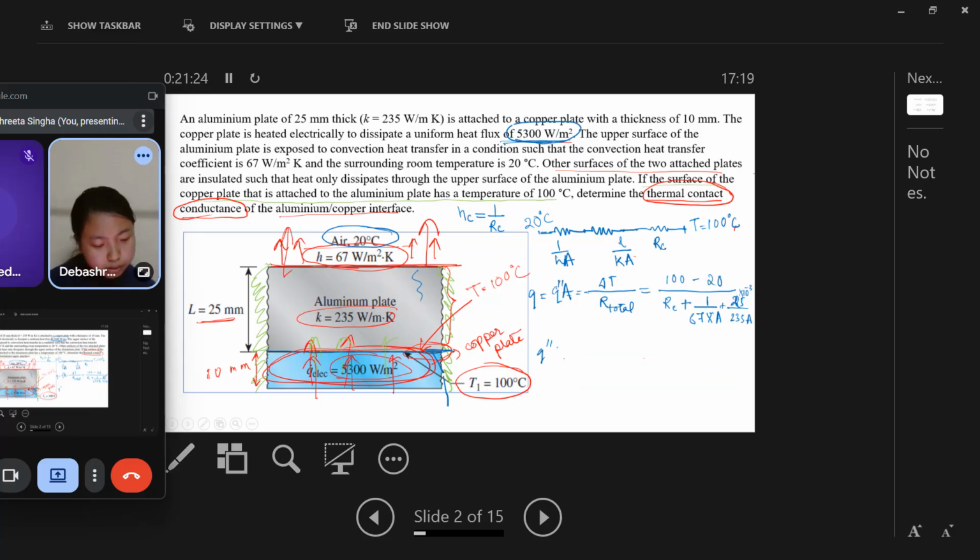Here you can just cancel out all the A. Then from here you can directly calculate the RC. Here Q is given as 5300 watt per meter square. All other values you know, so you can get RC directly.